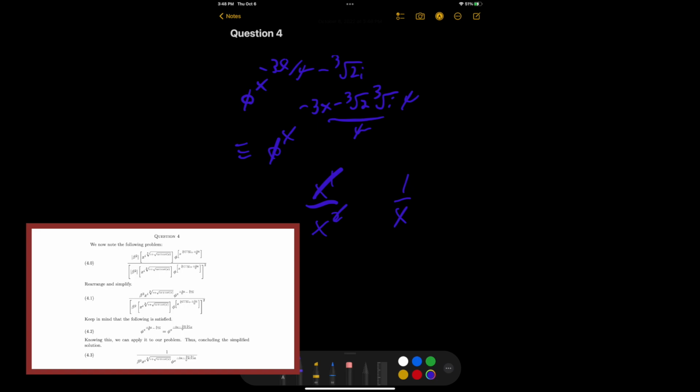In this case, the logical equivalence would be 5x to the negative 3x minus root 2, so we're deconstructing the roots, taking root 2, root i, and that would all be multiplied by psi, and then this would be all over psi. So this is just a cleaner way of representing it.